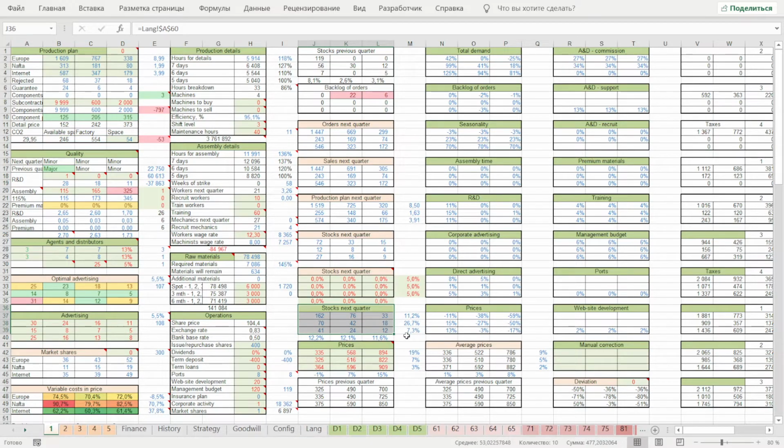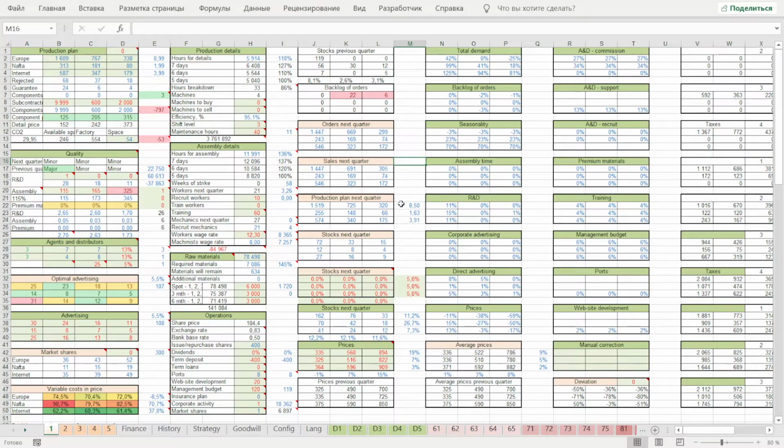The fourth, as a result, we get the minimum required production plan next quarter. Let's see the formula. We take orders next quarter plus backlog of orders minus stocks previous quarter plus stocks next quarter.